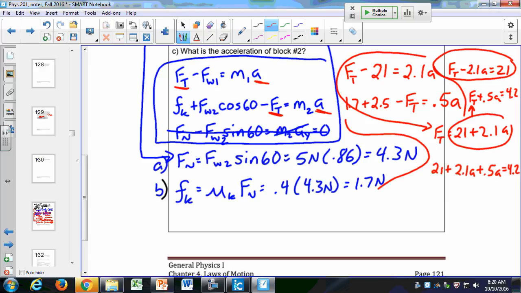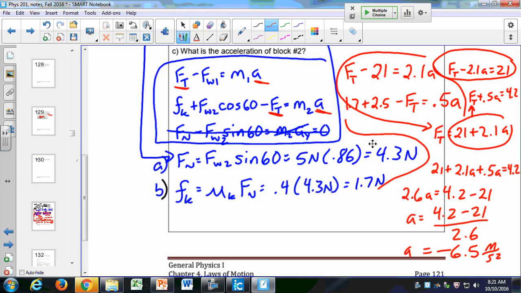And then I can solve that for a. 6 point something, I think. What is it? 6.5. And it comes out negative, correct? Negative 6.5, which jives well with what we know.